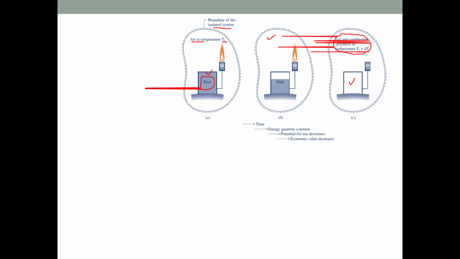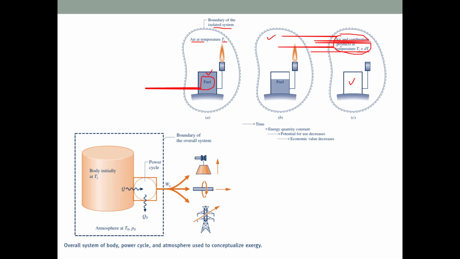I hope you understood the concept of exergy. So exergy is basically the work potential of the system with reference to the surroundings. Okay, now let's say this is the system that has some exergy, and this system has some surroundings which are at temperature T naught and pressure P naught.